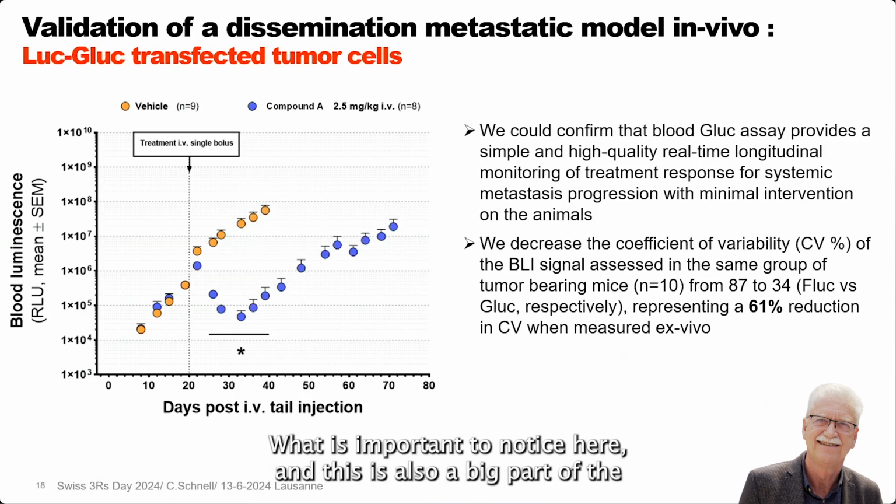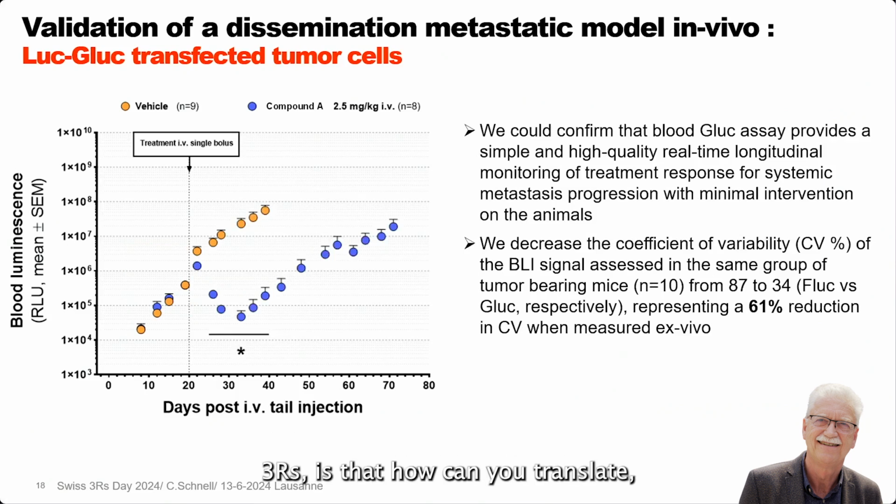What is important to notice here, and this is also a big part of the 3Rs, is how can you translate, let's say, a refinement to a reduction? One good way is just the variability.